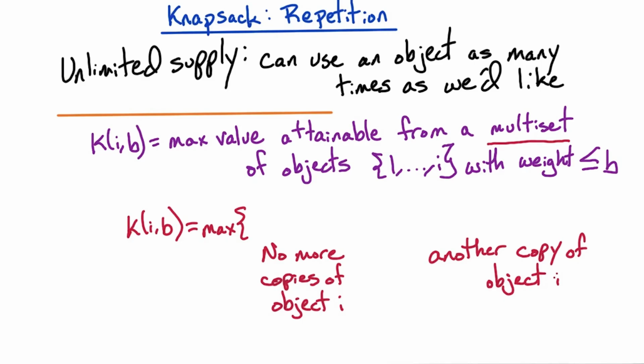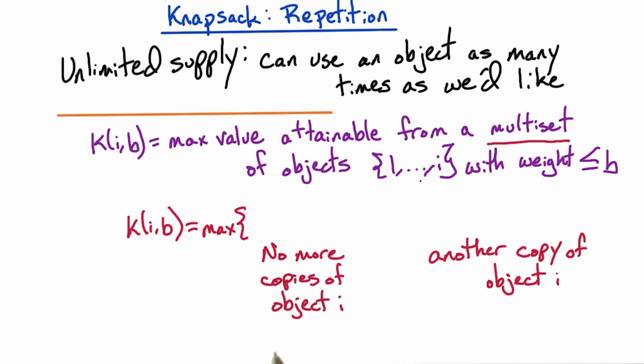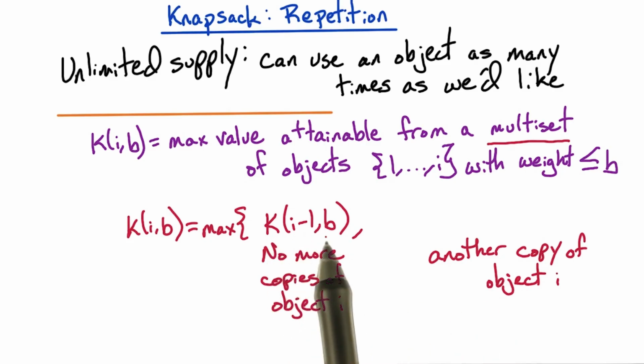Either we include no more copies of object i, or we add in another copy of object i. In the first scenario, where we have no more copies of object i, the remainder of the set is going to be a multiset of objects 1 through i minus 1, with the total capacity available staying the same. Therefore, the solution is K(i-1, b).